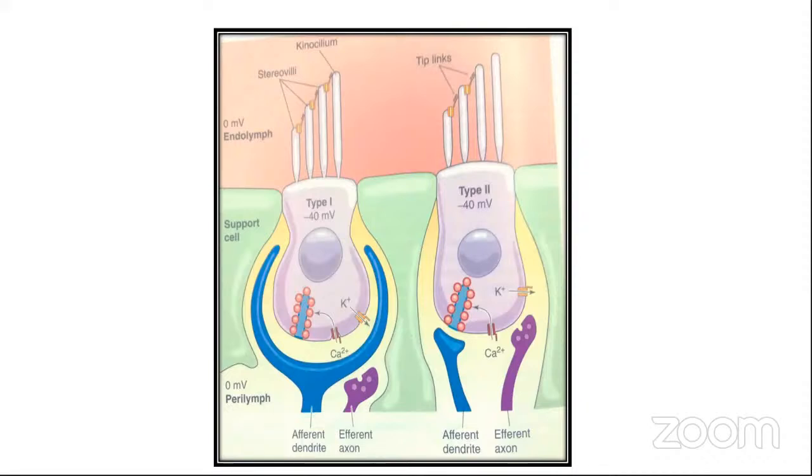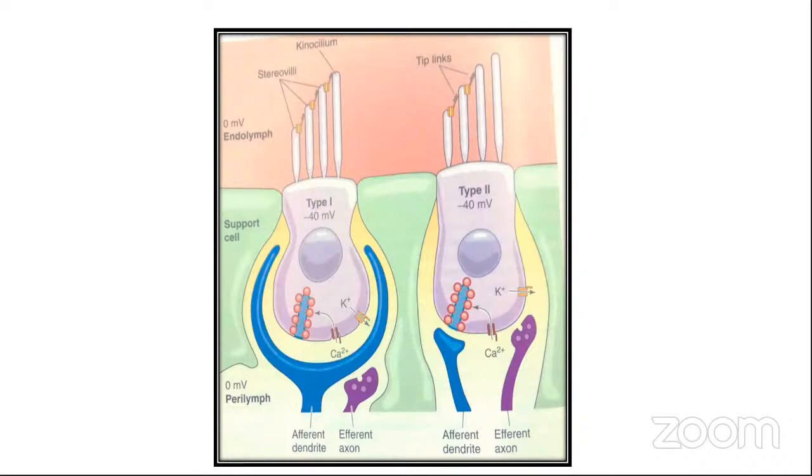When an action potential comes, there is influx of calcium, and the potassium will be going out of the cell. So there is movement of the tip link which is connecting the stereocilia with kinocilia.